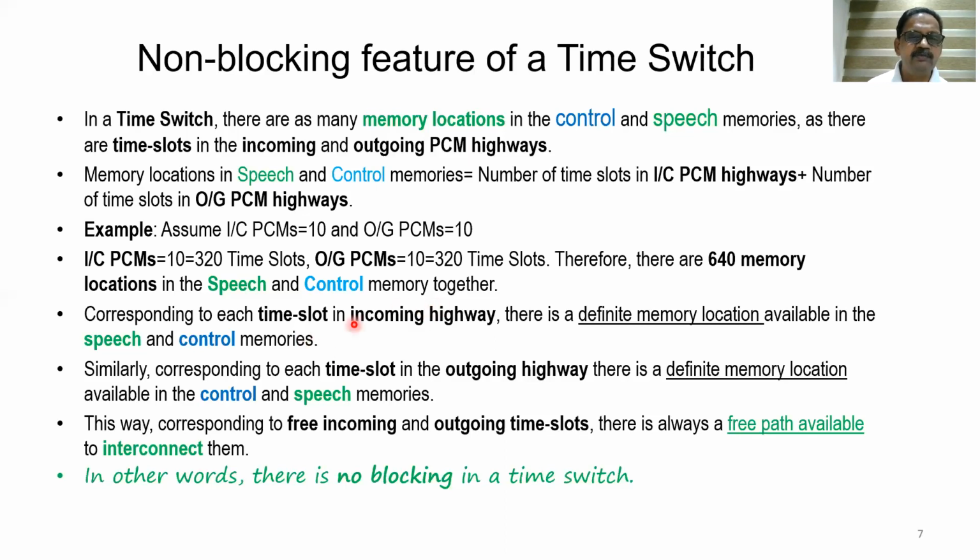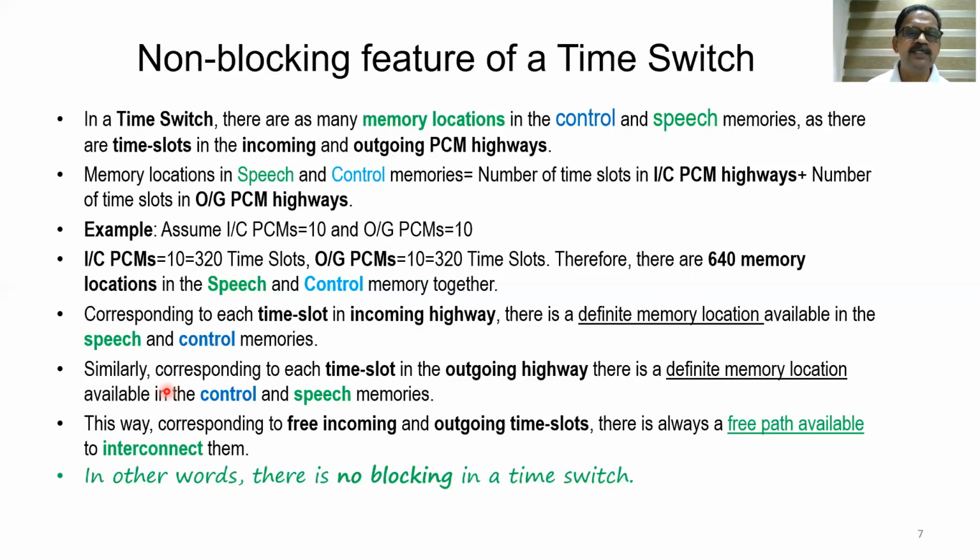Corresponding to each time slot in the incoming highway, there is a definite memory location available in the speech and control memories. So for each and every time slot in the incoming highway, definitely there is a memory location available.